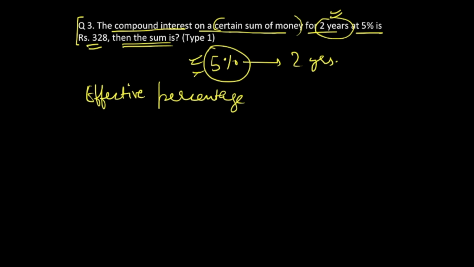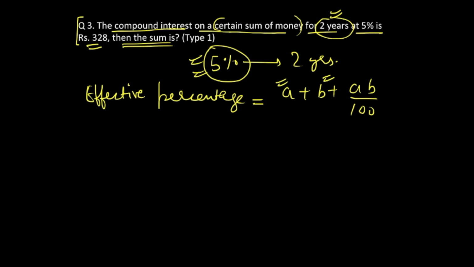So if this was getting applied on a certain sum for 2 years, you could calculate an effective percentage value, which is a plus b plus ab by 100. We had already dealt with this formula, in which a is the rate of interest or the percentage rate for the first year, and for the second year it is b.